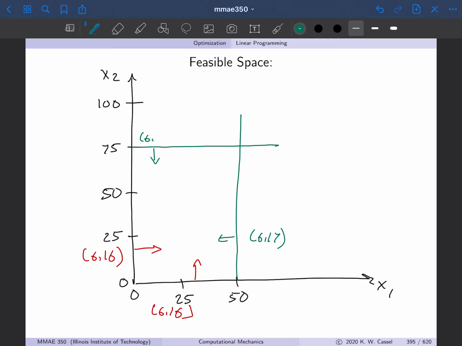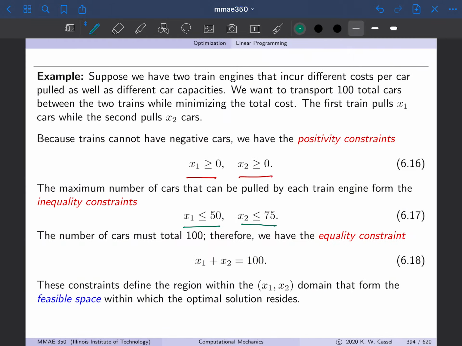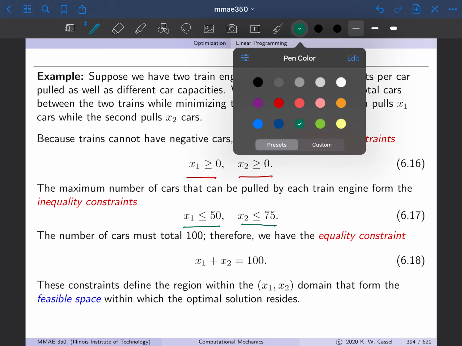So that gives us the upper limit there. So you can see how as we incorporate each additional constraint that's supplied by the problem, we're narrowing in, we're focusing in on the feasible space. Okay, so that was fun. Let's try the next one. We still have one more.